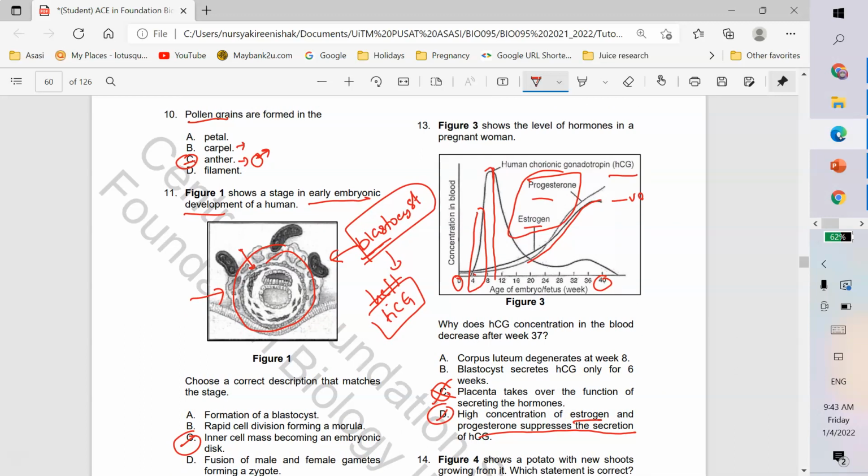Placenta takes over the function of secreting the hormone. Itu bukan berlaku pada minggu ke-37. So, minggu 37 ni minggu yang awak tunggu-tunggu dah nak dekat bersalin dah. Okay, so you observe that the secretion of HCG will slowly decrease. So, kalau yang sini the explanation pada minggu ke-11 macam tu. So itu yang C, about week 11, something like that.